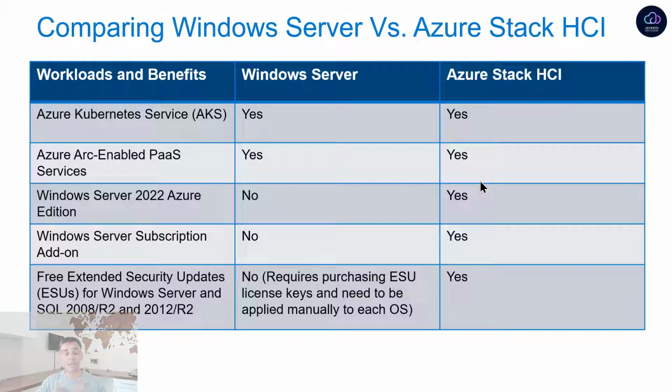So when there's a Windows Server workload that spins up on Azure Stack HCI, it automatically collects the product keys right from Azure, because it's tied to a subscription, and is automatically activated.